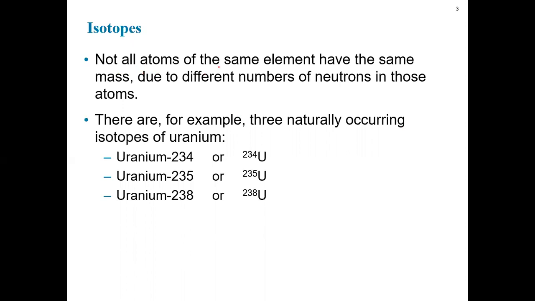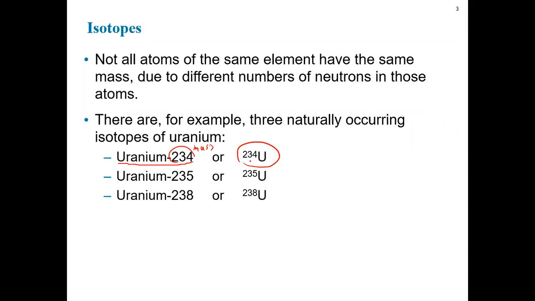Not all atoms of the same element have the same mass due to different numbers of neutrons in those atoms. There are, for example, 3 naturally occurring isotopes of uranium, uranium-234. One way to write an isotope is using this format, or simply use the common 3 ways: spell out the element name followed by the mass number, or use this notation.